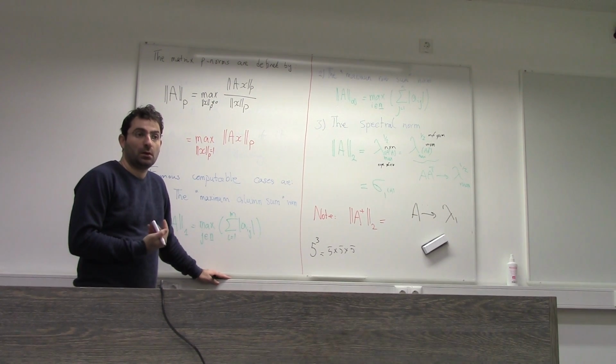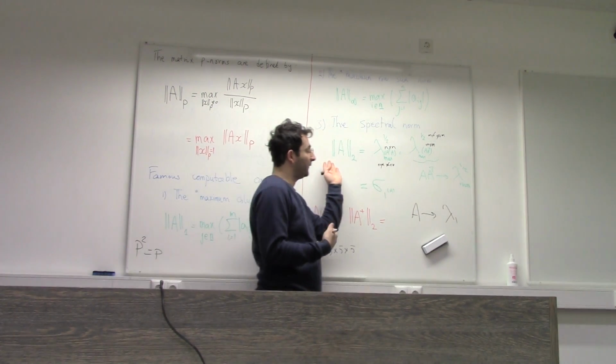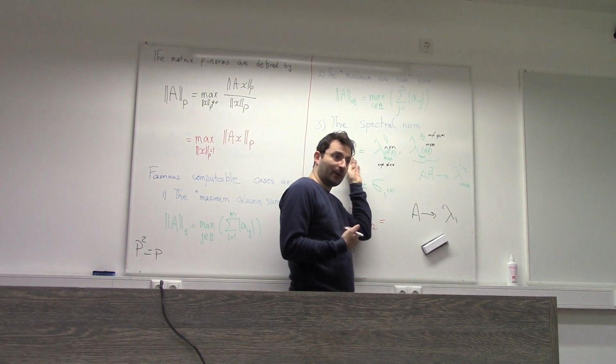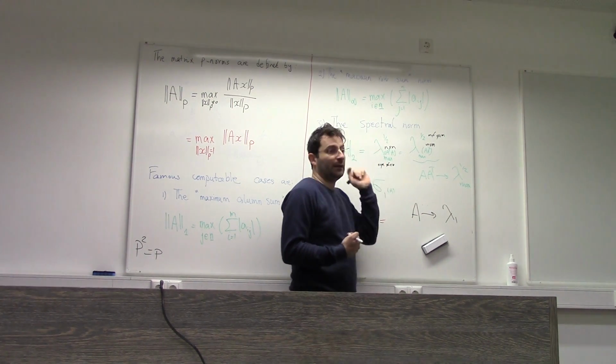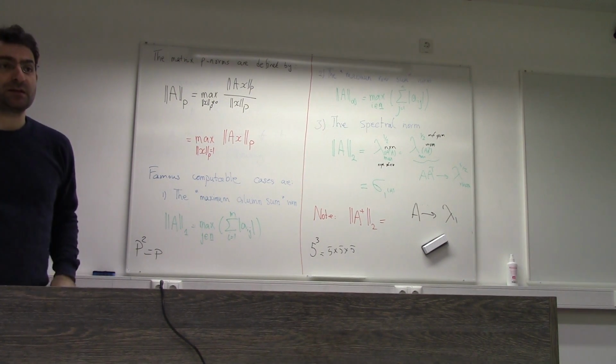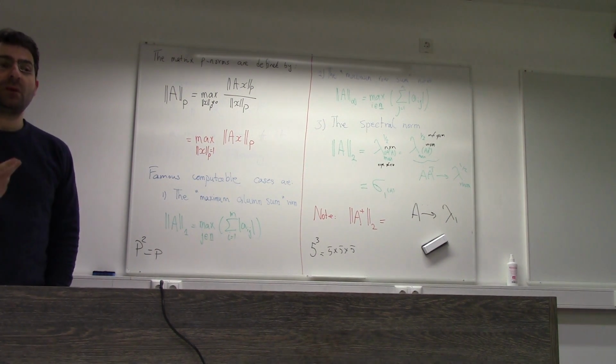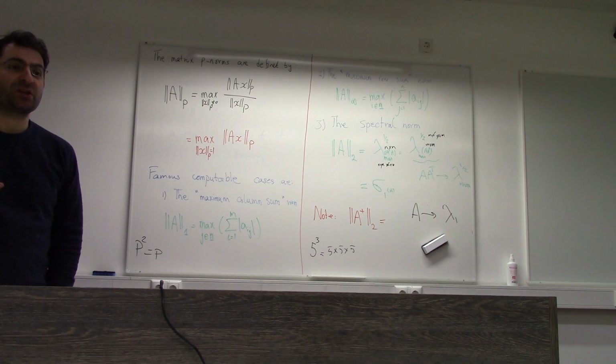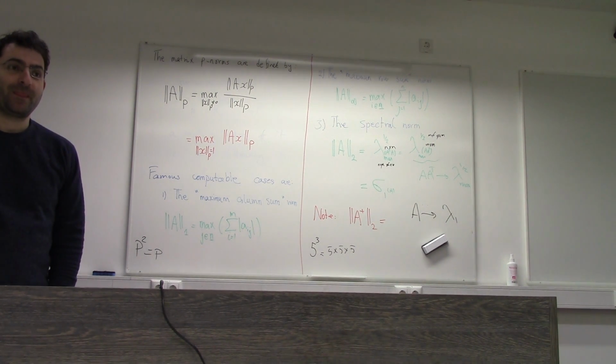No. The definition says that if you want to find the second norm of A, you have to find the maximum eigenvalue of A transpose A, and take the square root of it. But still, I did not understand what was your question. It's okay. What was your question?